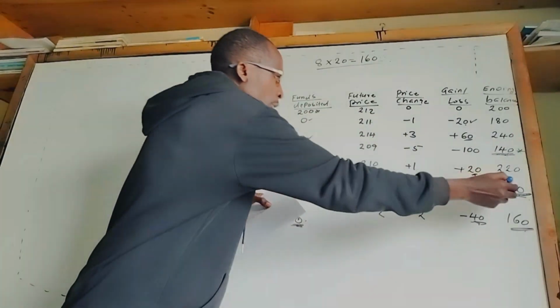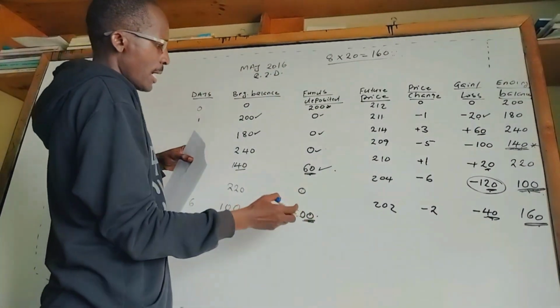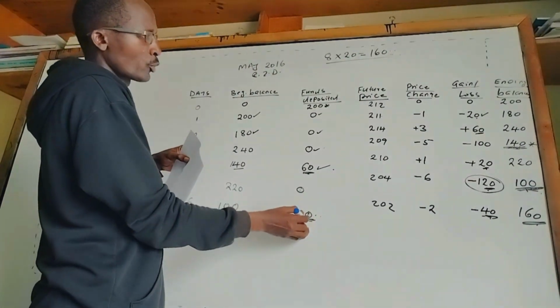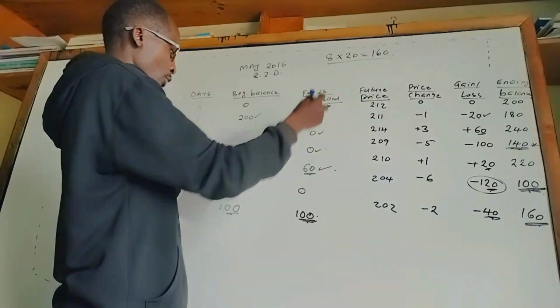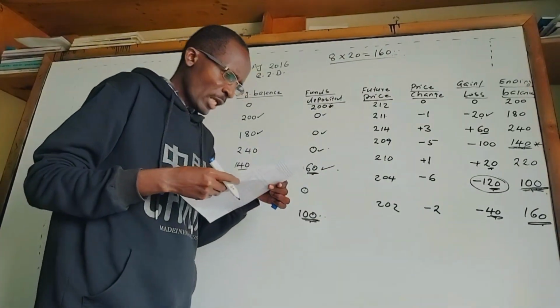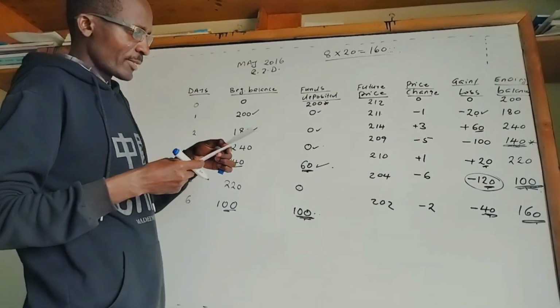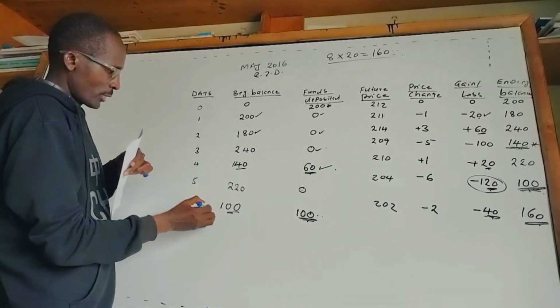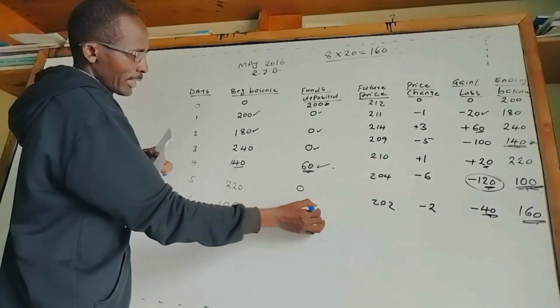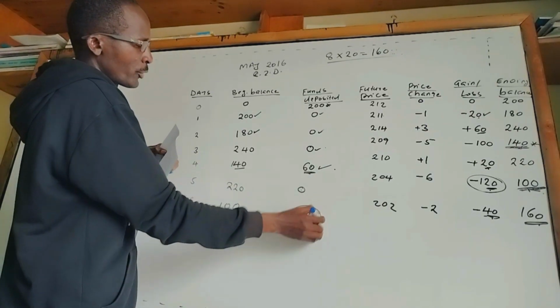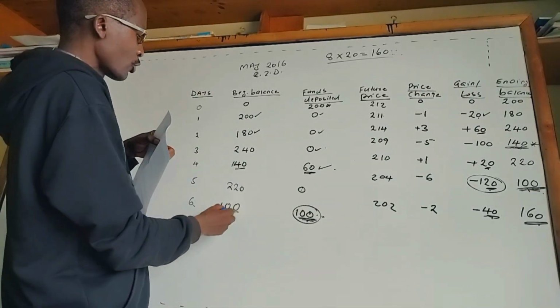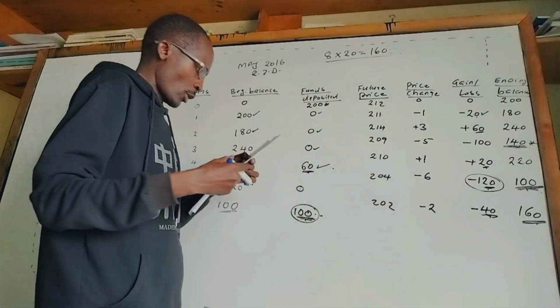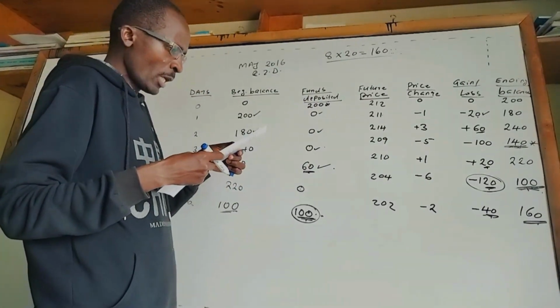This figure, you have to deposit 100 shillings there to restore your balance to 200. So on day 6, you deposit $100. That is why here you can see the amount is restored to 200.